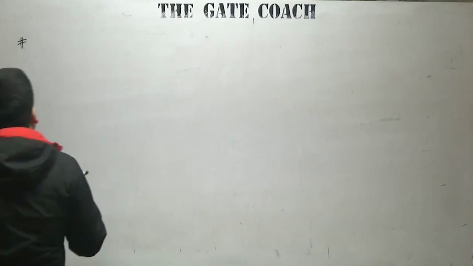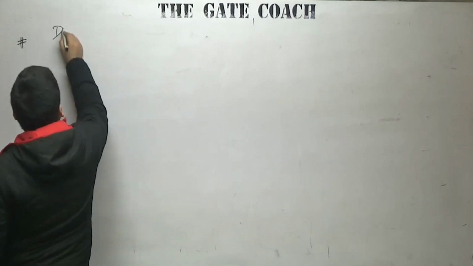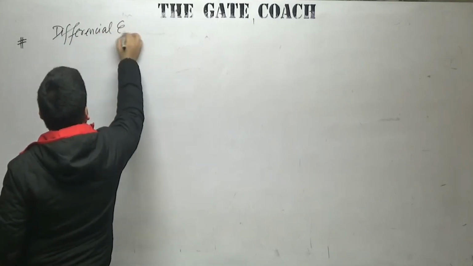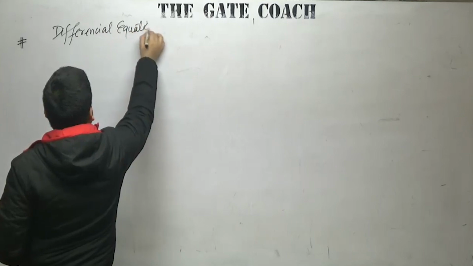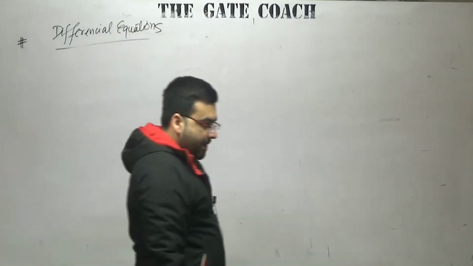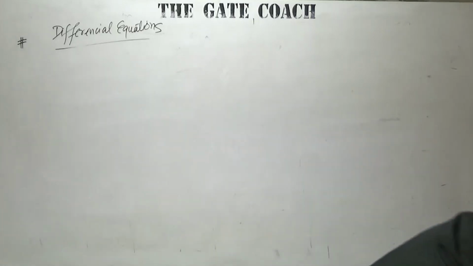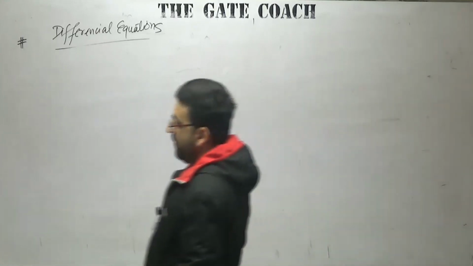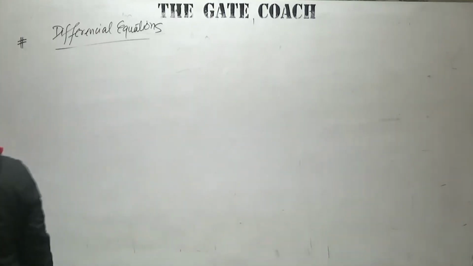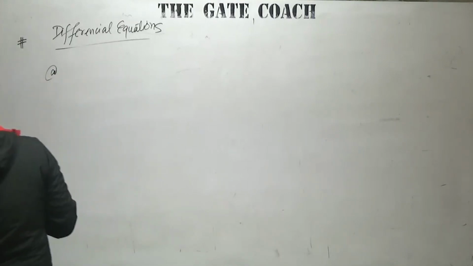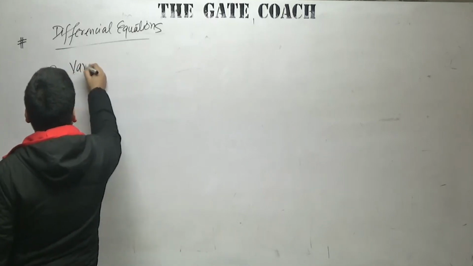Now then we started with the differential equations. In the differential equations, the first type of equation that we discussed was the variable separable form.